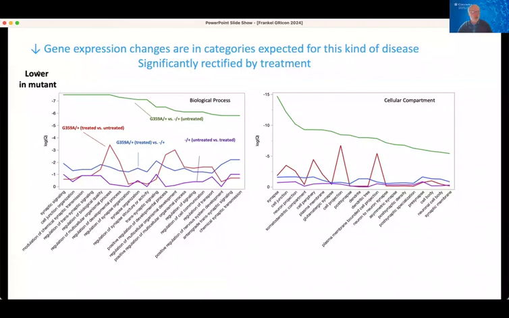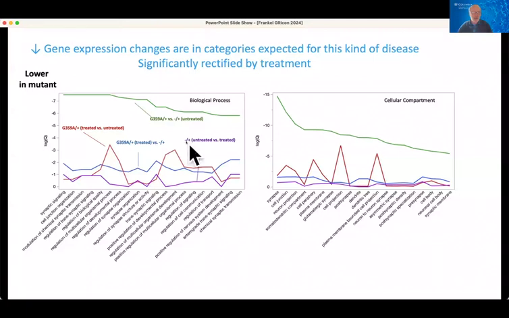And so for the genes that were expressed lower in the mutant mice, you can see there was highly significant clustering, 7 orders of magnitude, when you compare the mutant versus the untreated control mice. And so it tends to taper off. And those categories were in things you'd expect: synaptic signaling, chemical transmission, transsynaptic signaling, et cetera.